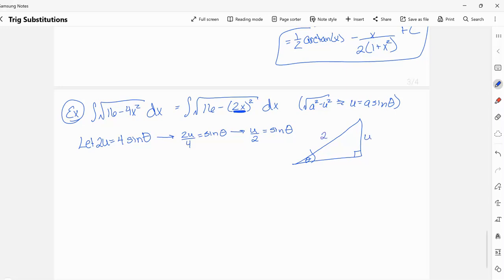Sine is opposite over hypotenuse. To find this side, Pythagorean theorem, b squared plus u squared equals 2 squared. So b would be the square root of 4 minus u squared.